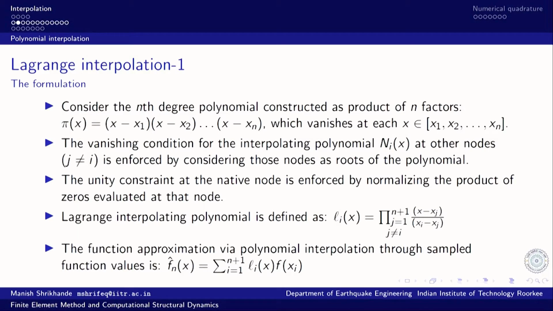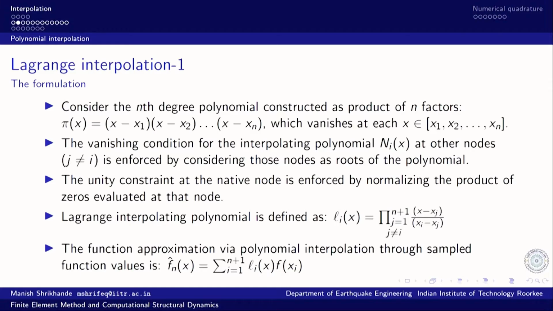Hello. So, yesterday we discussed this formulation of Lagrange interpolation as a normalized product of zeros of all other nodes, evaluated at the node for which we are developing the interpolation function.